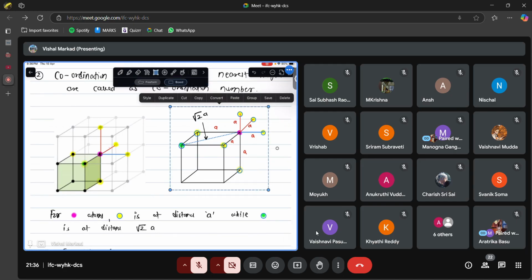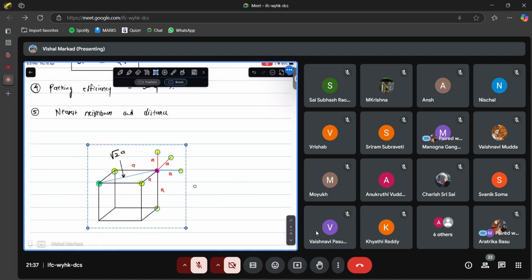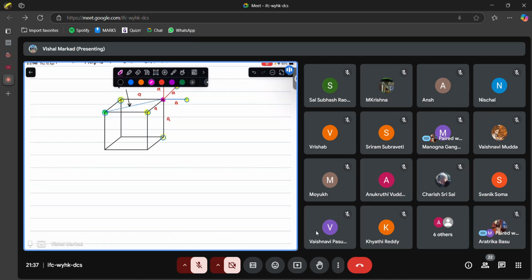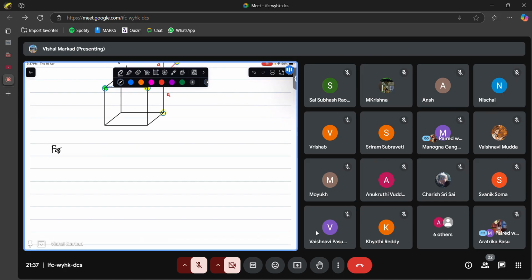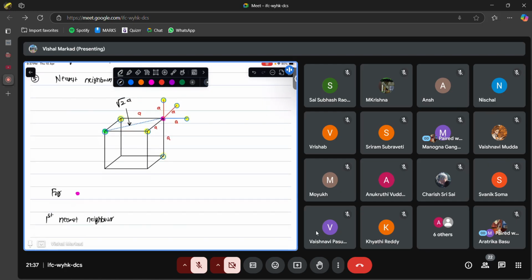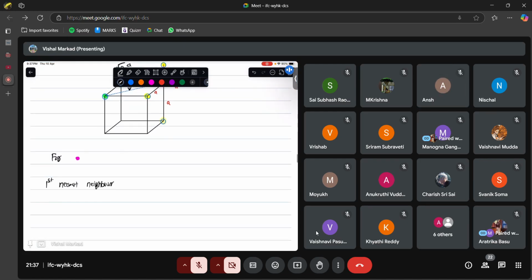Now look at it. We'll see this diagram again. Now I'm writing here one thing. I'm making a table for that pink atom. First nearest neighbor. Which color atom will be the first nearest neighbor atom for the pink atom?